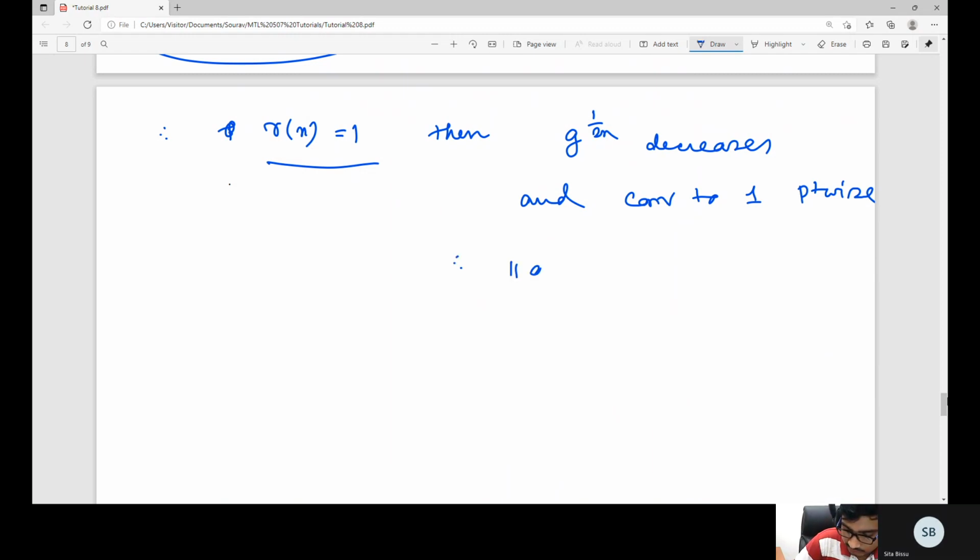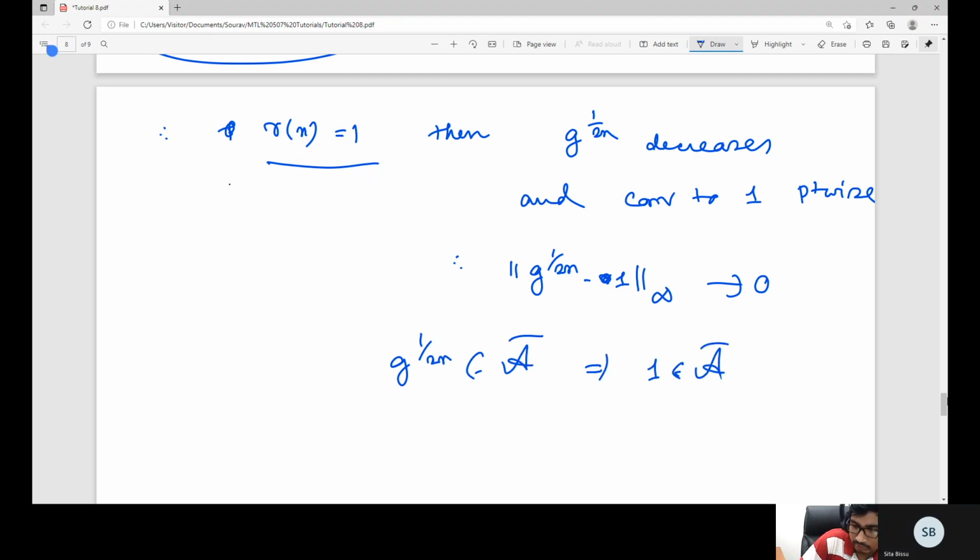Therefore, we can say this sequence g to the power 1 by 2^n minus the constant function 1 uniformly converges to 0. Now g to the power 1 by 2^n belongs to the closure implies 1 belongs to the closure, because the closure is a closed set.